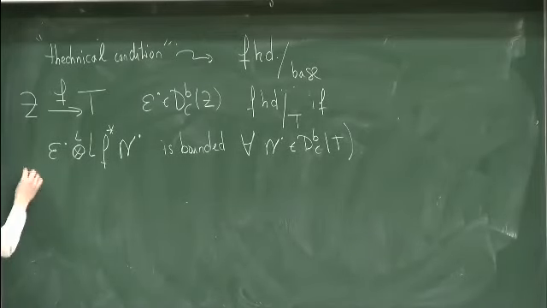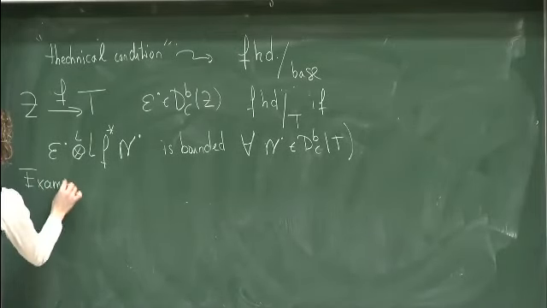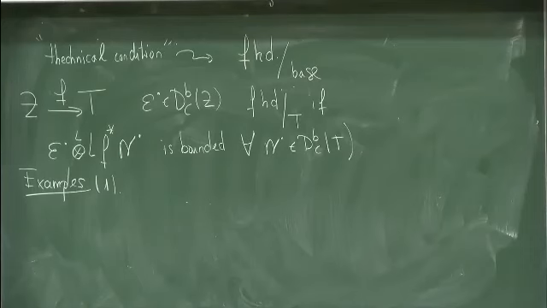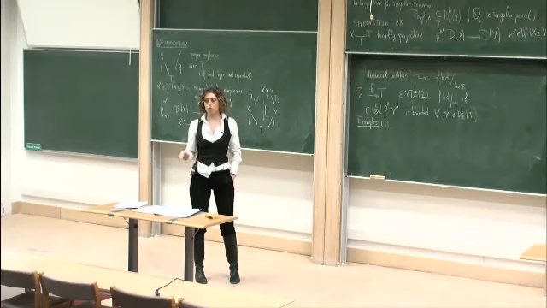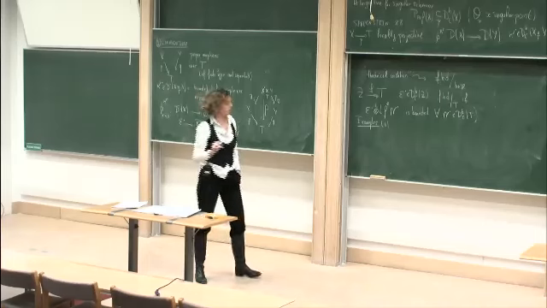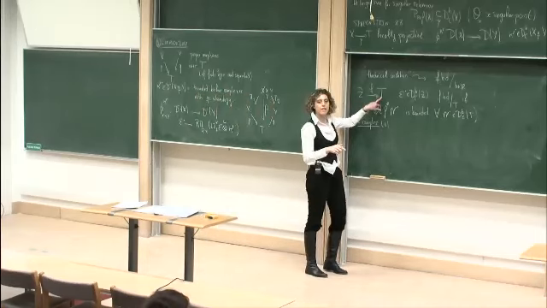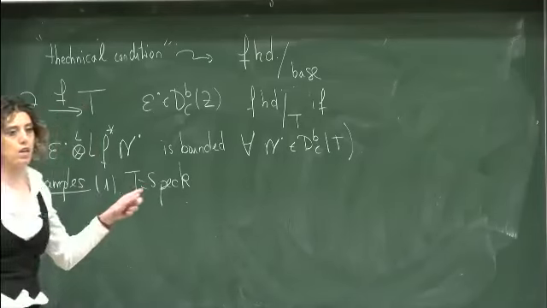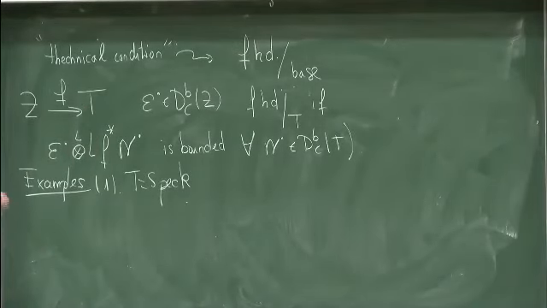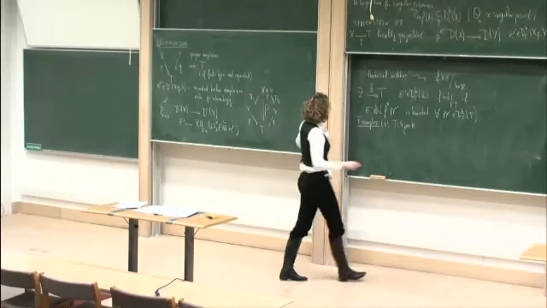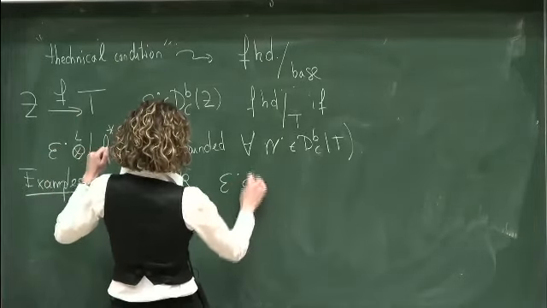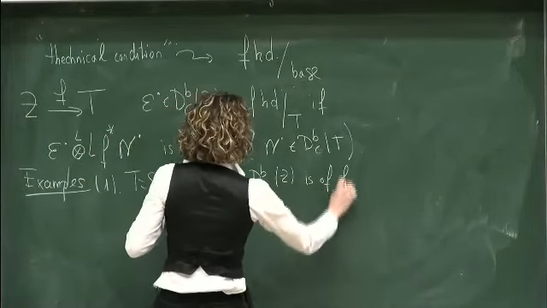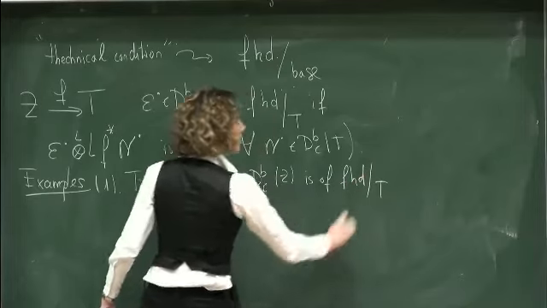So let me give you just some examples. This is what they call a relatively perfect object. So for instance, if your base is a point, the spec of a field, this is satisfied for any complex. So any E belonging to the bounded derived category is of finite homological dimension over the point.